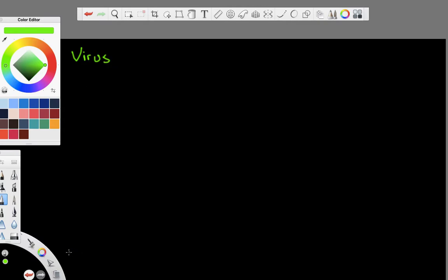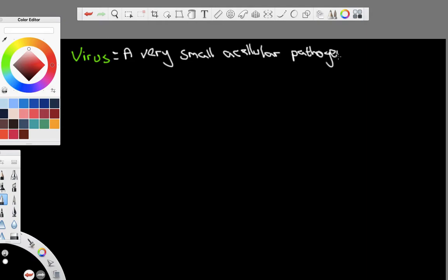Now, a virus is defined as a very small acellular pathogen. So it is a very small acellular pathogen.